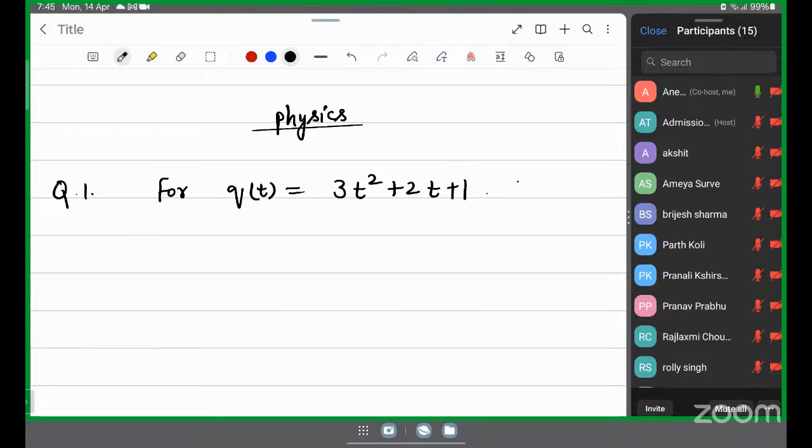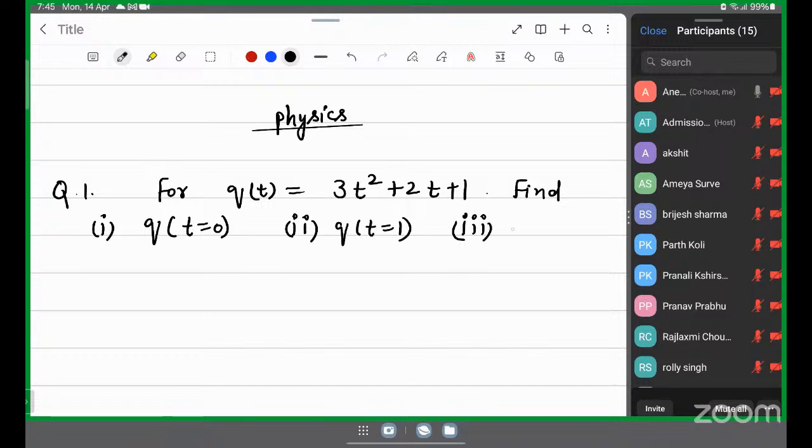Find q at t equals to 0 first. Second, q at t equals to 1. Third, current I at t equals to 0. And fourth, current I at t equals to 1.